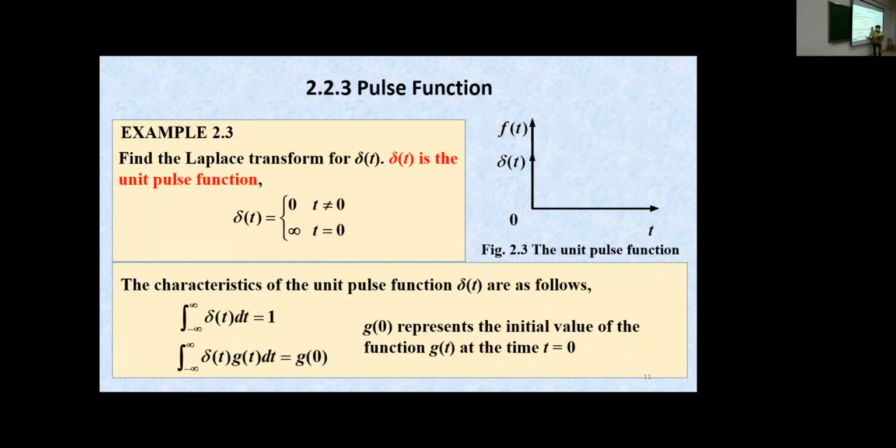Then we get g(0). g(0) means when t equals 0, we get g(t) here. It's a function which we are trying to solve. And g(0) represents the initial value of the function g(t) at the time t equals 0. And how to get a Laplace transform for this one?